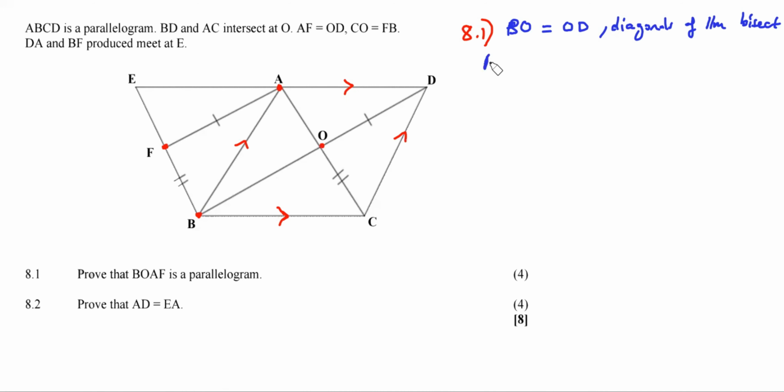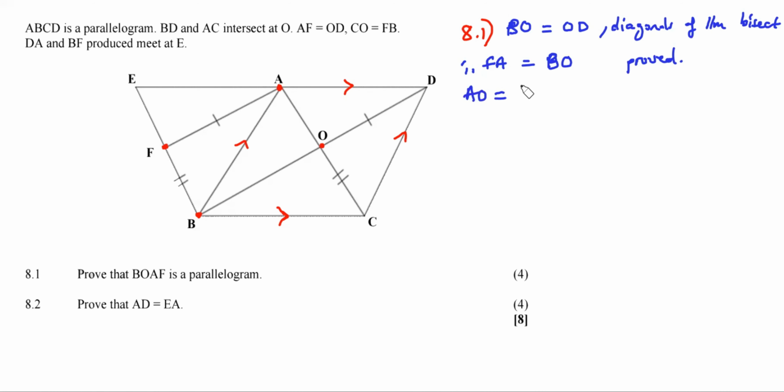Now let's also see AO is also equal to, therefore FA is equal to BO. Why? We have proved that. Then the next one here is our AO.